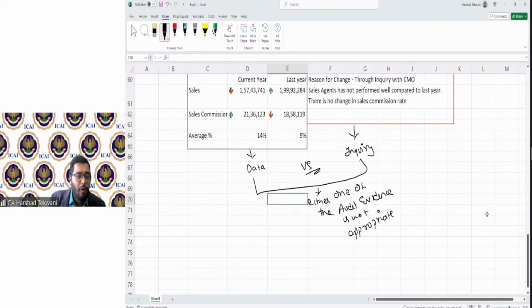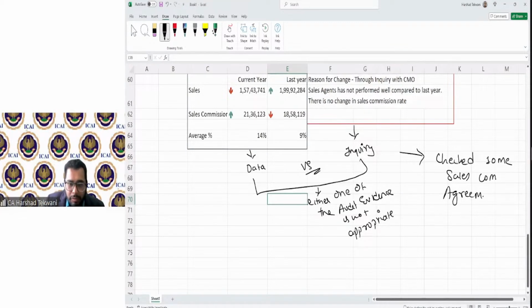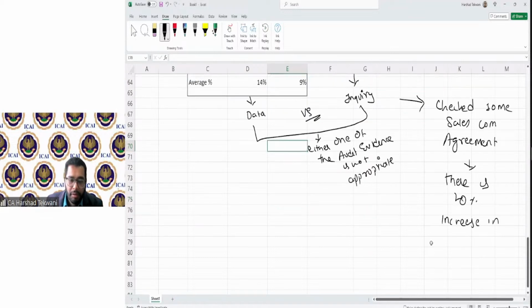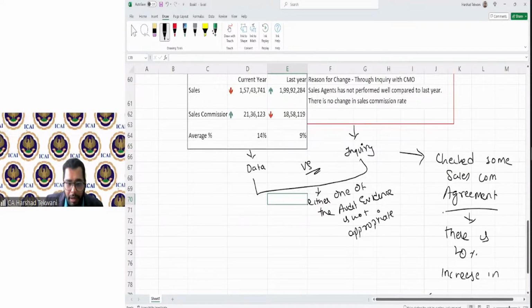But hypothetically, if I checked some sales commission agreement and found that there is a 20% increase in commission rate compared to last year, it means I checked some agreement, I performed some additional audit procedures.